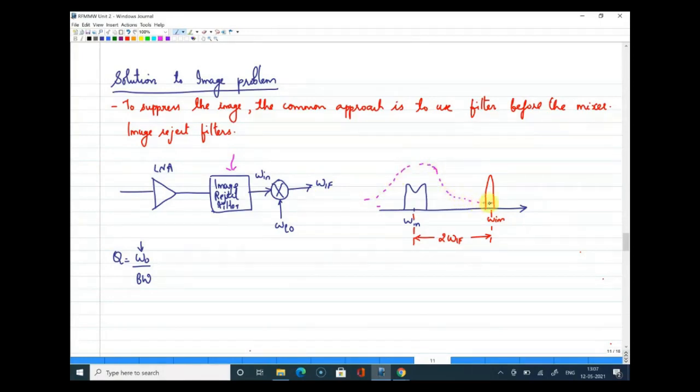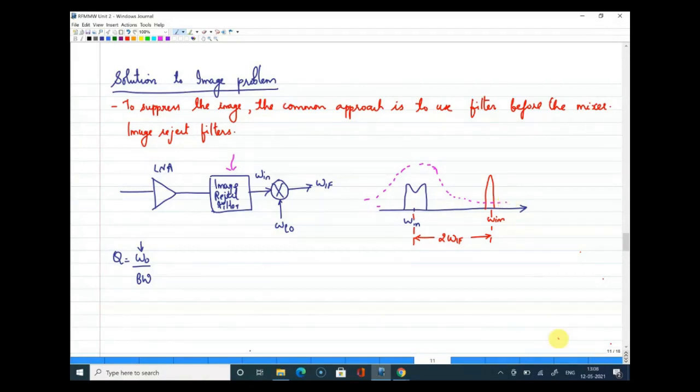But we cannot say that the filter will be sharp enough to completely reject the image, or that depends on several factors, right? So, one question I want to ask here now: what do you think? What is the best way we can reject the images? What should be the condition on which we can reject the images in the best way? Are you getting my question?